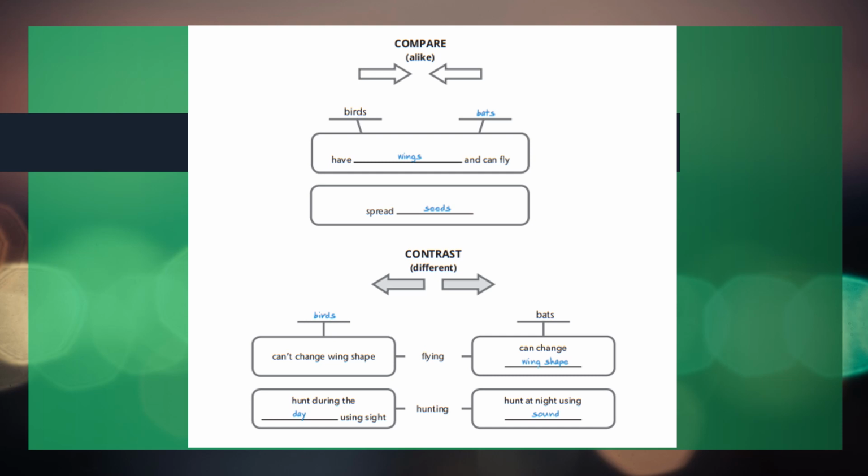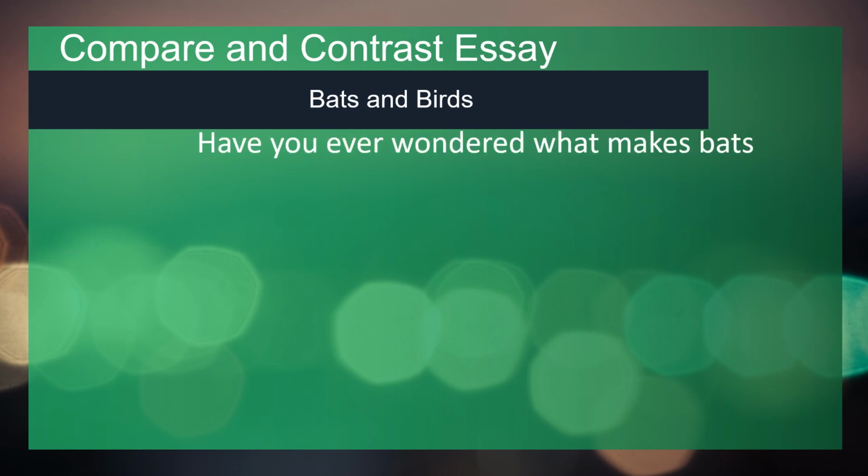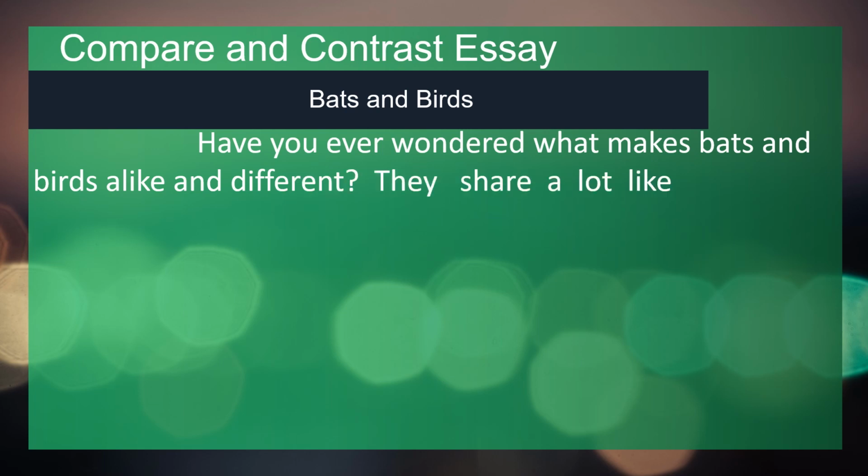So we put some simple ideas that can help us start our compare and contrast essay. Bats and birds. Have you ever wondered what makes bats and birds alike and different?